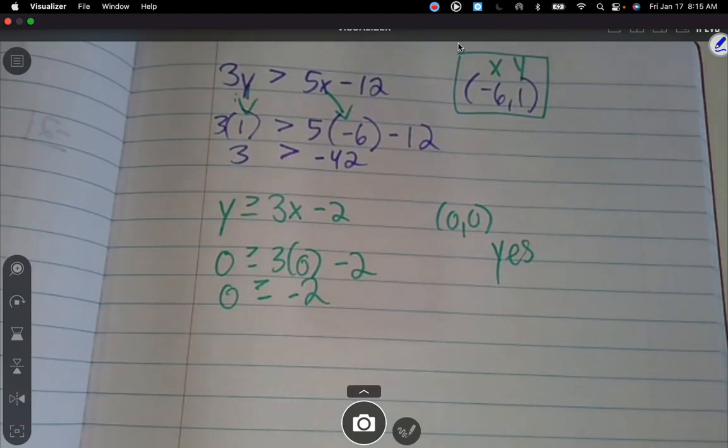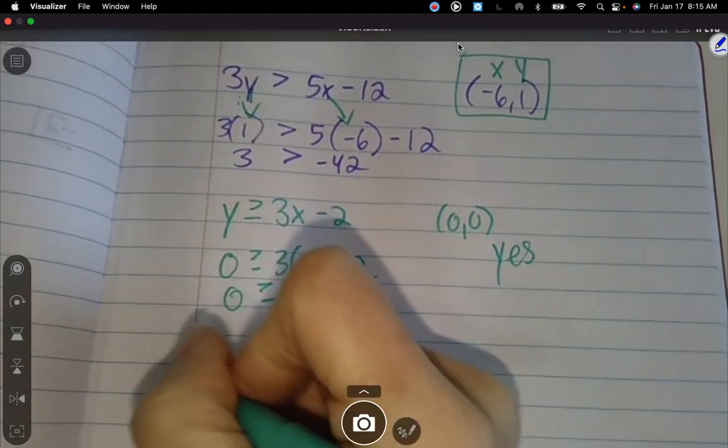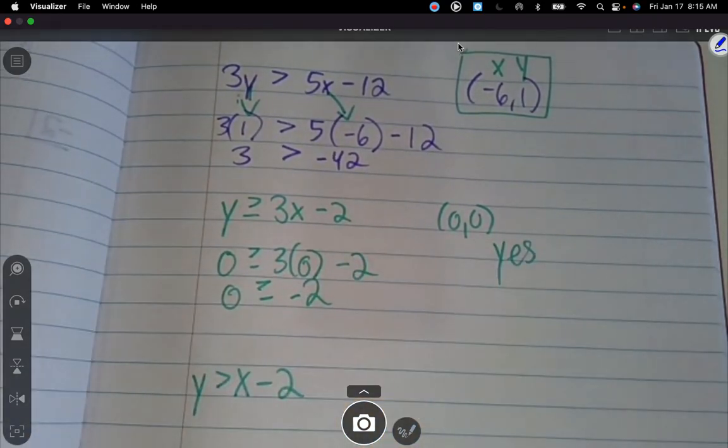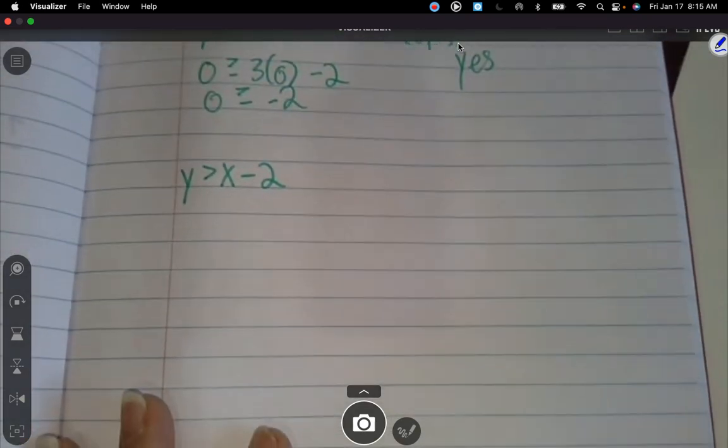Yes. Okay. So then the next thing we're going to do is graph. So I'll do several examples. Let's see. y is greater than x minus 2. So there's 2 new things that you're going to learn with this. Does this say y is equal to x minus 2? It does not.